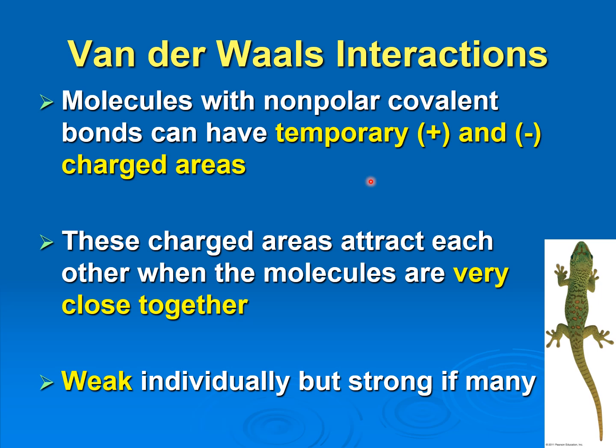And as the electrons move, you're going to get a temporarily positive area and a temporarily negative area. So it's going to be negative where the electron is and positive where the electron is not. And so you get these temporarily positive and negatively charged areas on the molecule.